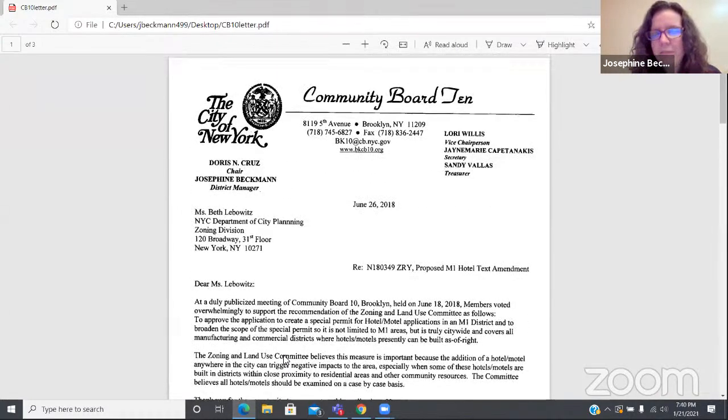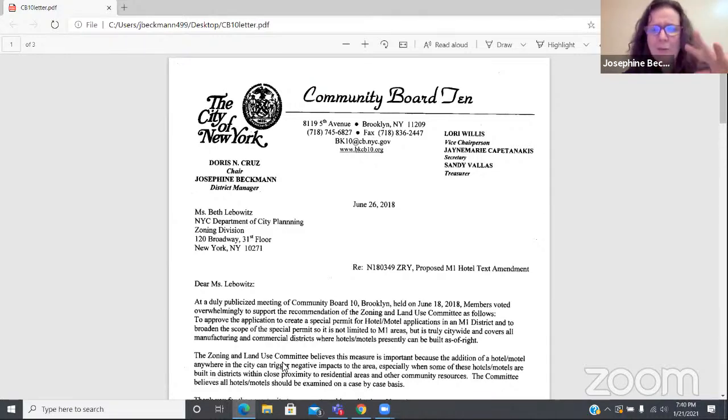And I think that vote was, as usual, we were way ahead of everybody else. In fact, at this meeting, I'll refresh everyone's memory. We talked about our frustration and we kind of asked the city if they would consider limiting or creating a special permit specific to the Special Bay Ridge District. And city planning got back to us and said, oh, wait, that's way too expensive.